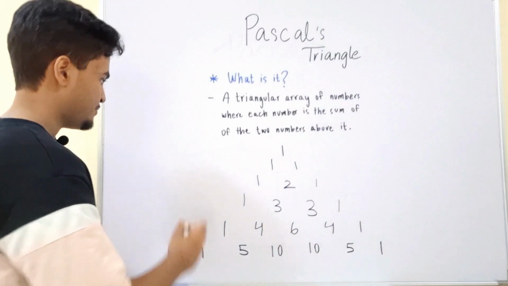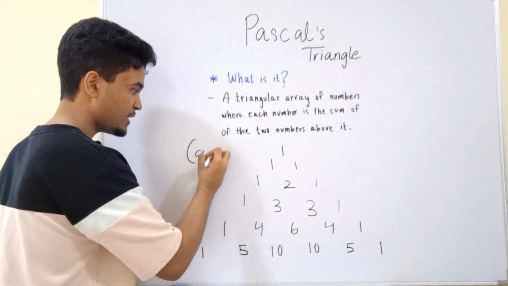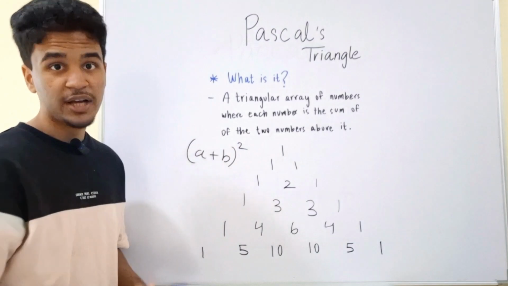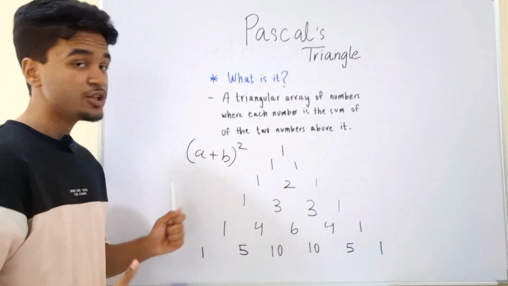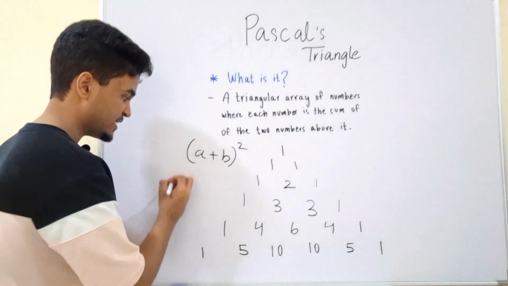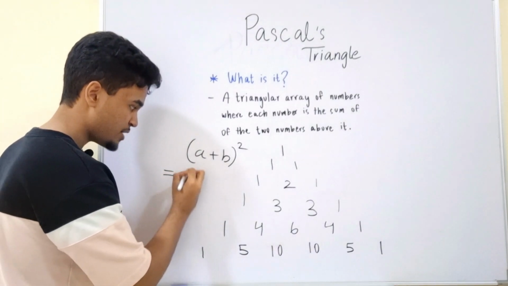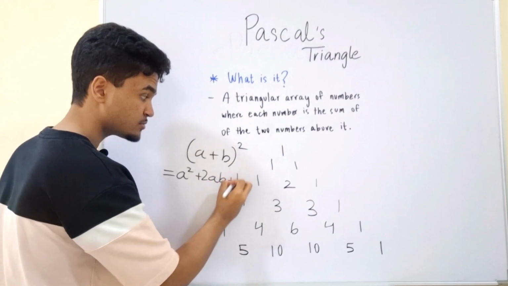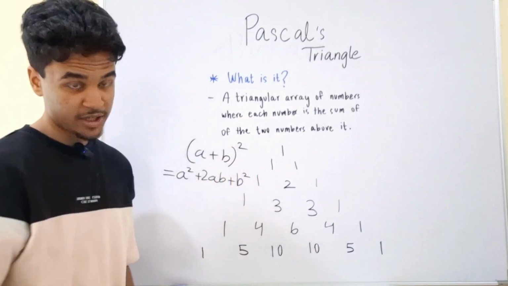For example, let's say you have (a + b)^2. I'm sure you have seen this bracket before and also have learned how to expand this. We know the expanded form of this. It is equal to a^2 + 2ab + b^2, correct?